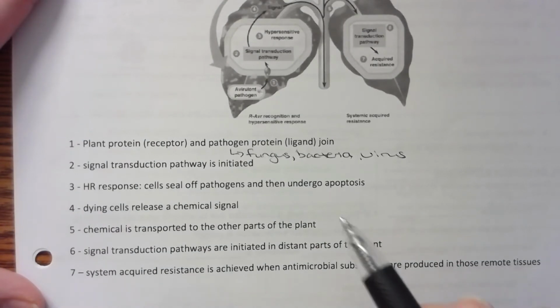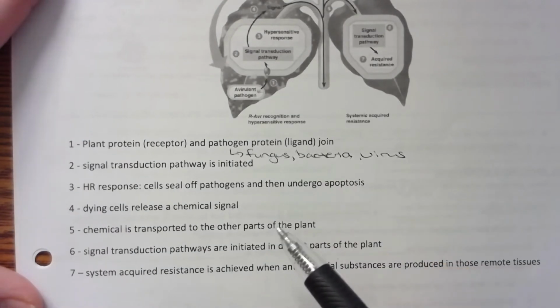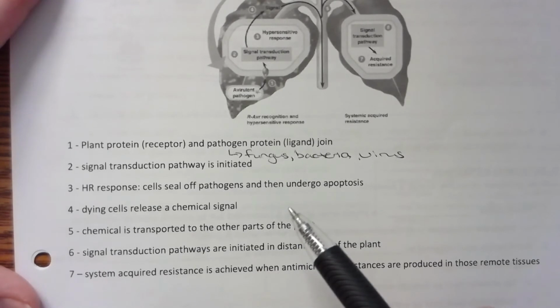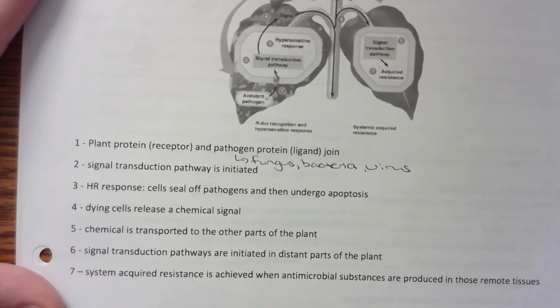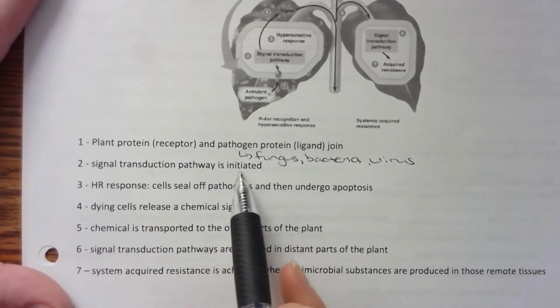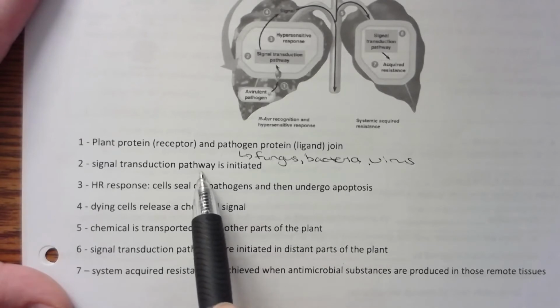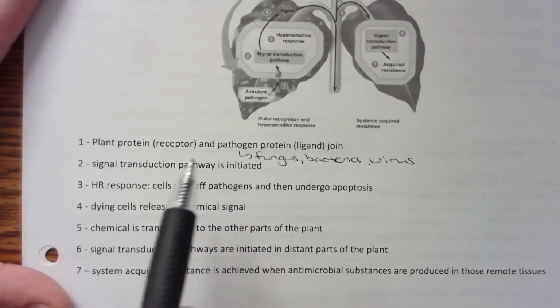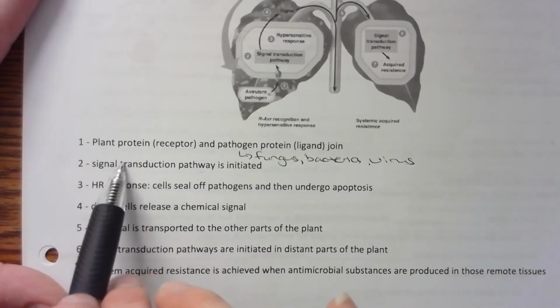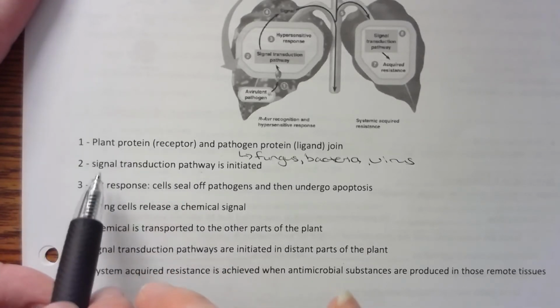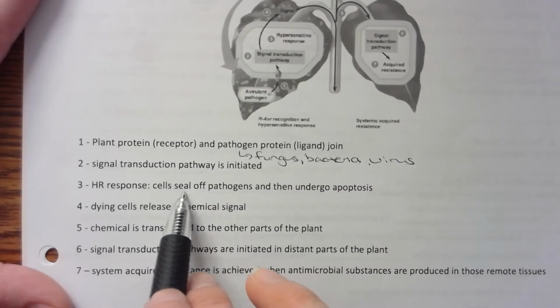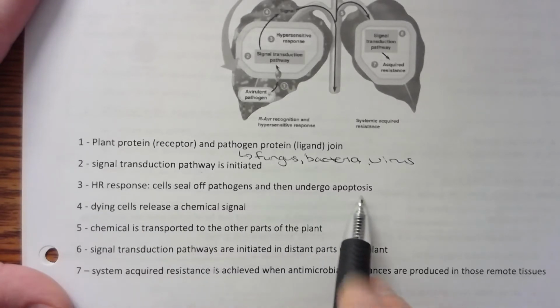I feel like there's one other one, but those are the main ones they always talk about infecting plants. That's going to initiate that signal transduction pathway, which will activate a gene that will make some sort of chemical that will cause the cells to seal off the pathogens and start to die.